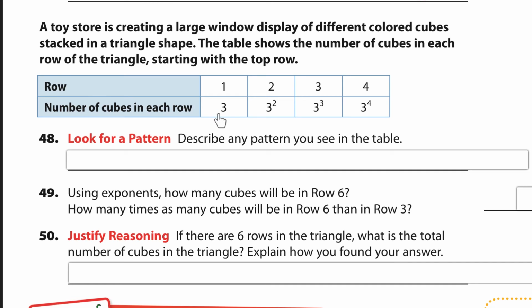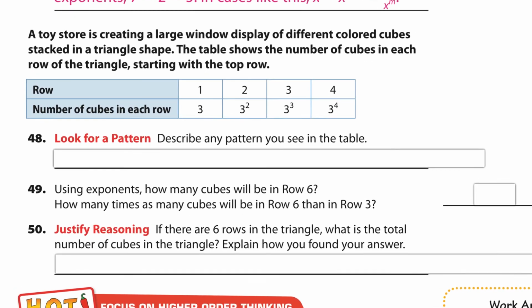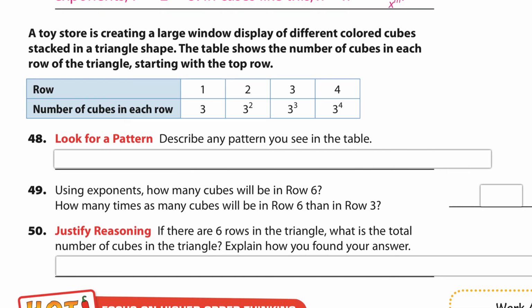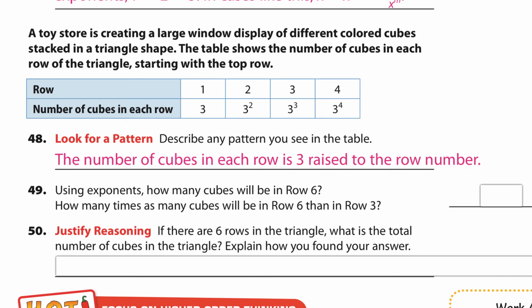Okay, so the number of cubes in each: 3 to the first, 3 to the second, 3 to the third, 3 to the fourth. Fine. Describe any pattern you see in the table. Well, for each row that increases, it raises a power of 3. That's what I notice.